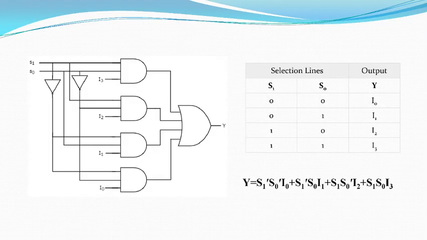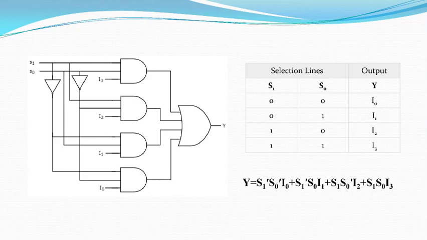Case 1. When the selection lines S1, S0 represent 0, 0, then the input line which will be selected to pass from the multiplexer will be I0. Thus, the multiplexer will be a short circuit for input line I0 and will be open circuited for other input lines.